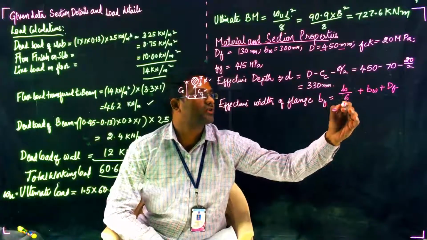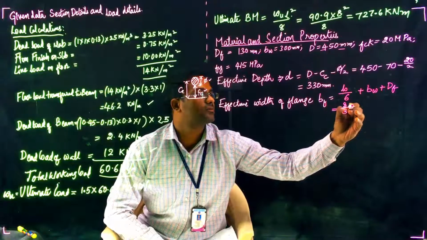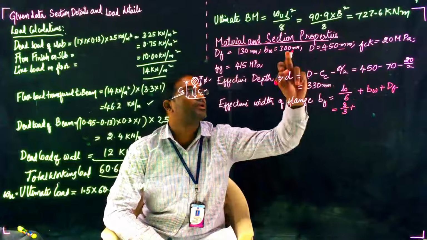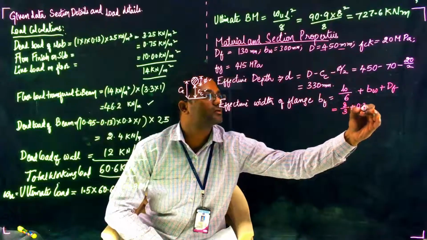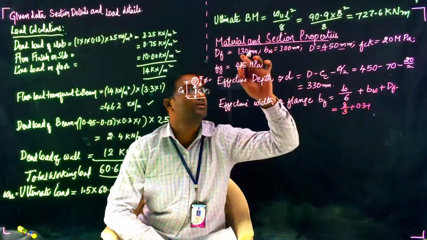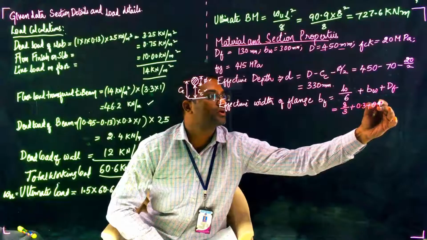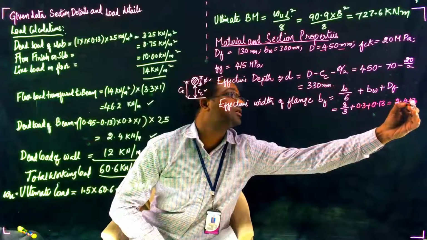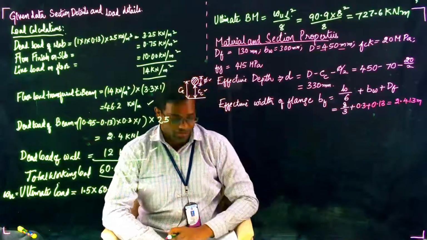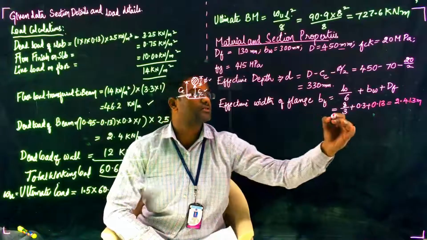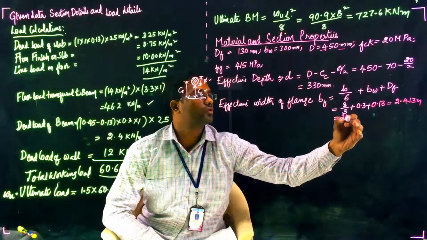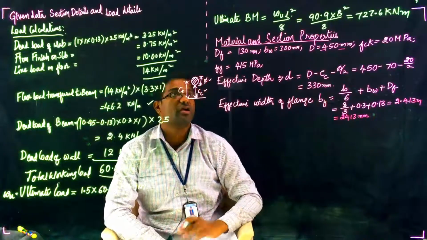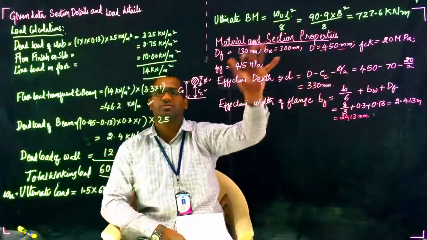So L0 is given as 8 meters, plus bw is 0.3 meters, plus Df is 0.13 meter. Now this will give you a value of 2.413 meter, which is nothing but 2413 mm.